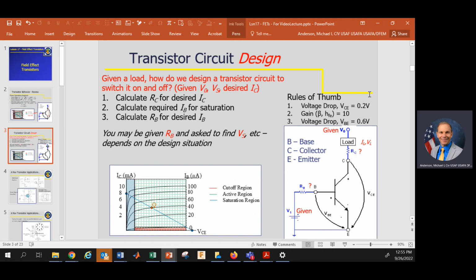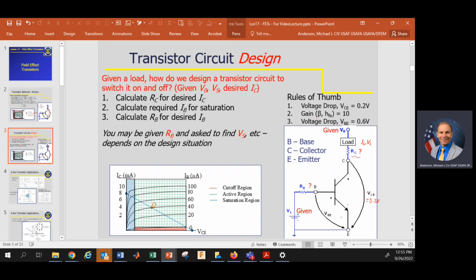Remember, this reviews how we get the circuit into the saturation region. Usually you're given some load that you're trying to switch on or off. You should know what current that load requires. So given that current, you can calculate what the collector circuit resistor should be. In order to do that, we need to make an assumption about the voltage drop VCE. We assume it's 0.2 volts.